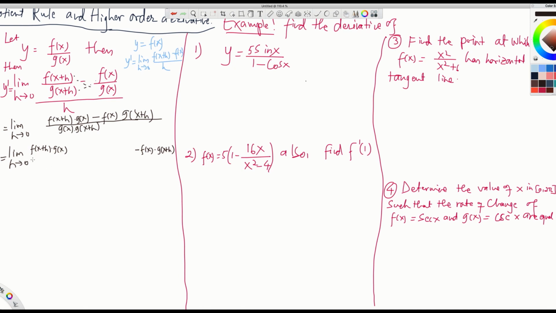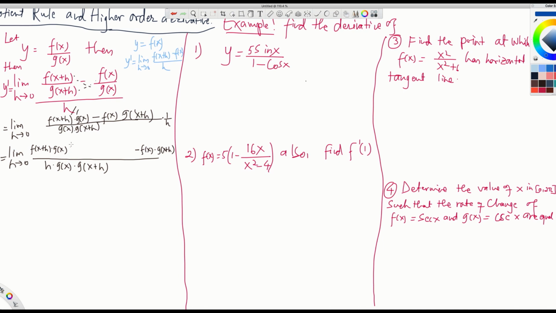And then divide by, oh, by the way, I forgot h in the denominator. What you can do here is, this is h over 1, right? So if you do that, then it will be 1 times 1 over h, right? So you will write like this, h times g of x times g of x plus h. That's what you do.